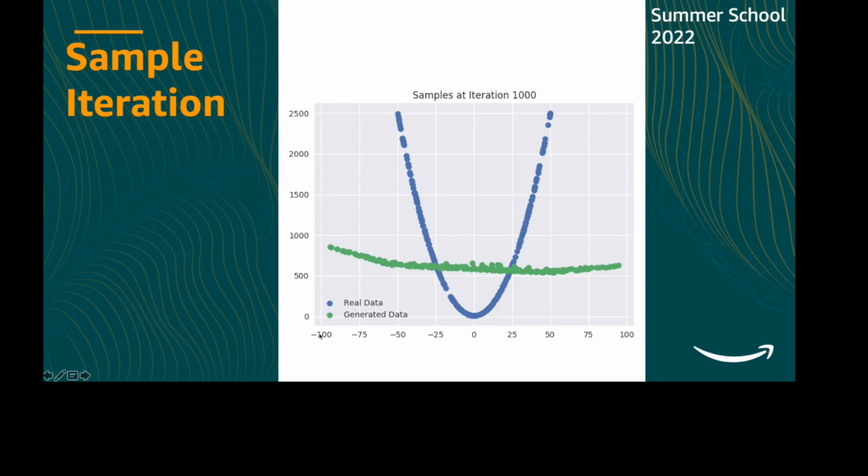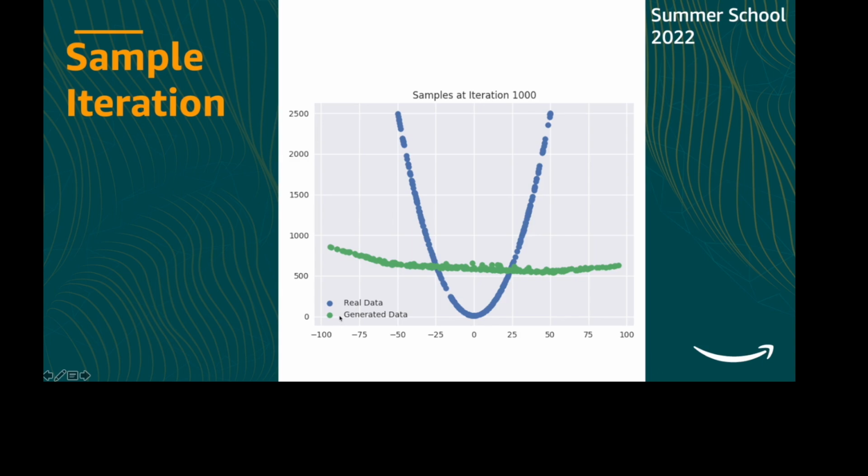You see that the generated data points are far off. The distribution of them is far off from the real data. Basically, x is distributed from -100 to 100, while y's range is from 500 to 1,000, as opposed to real data where x is between -50 and 50 and y is between 0 and 2,500.